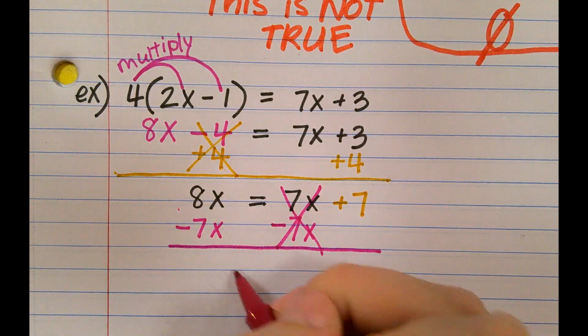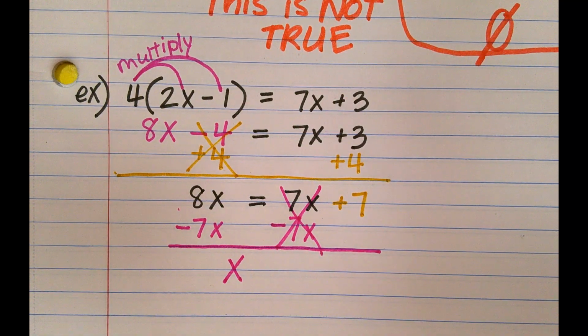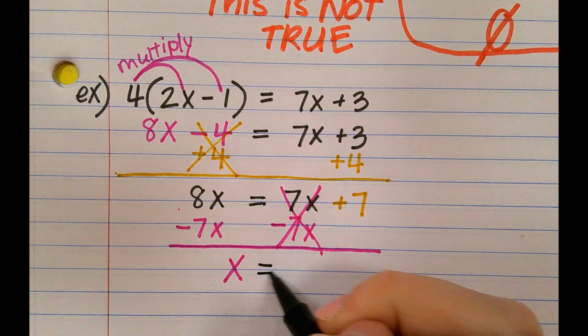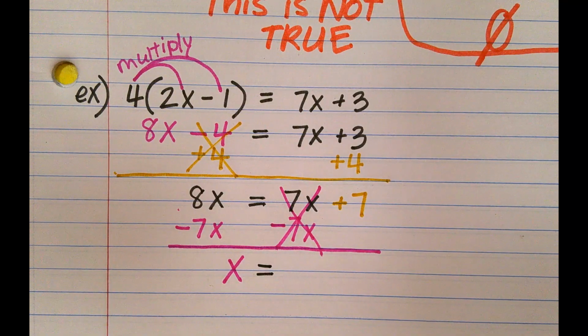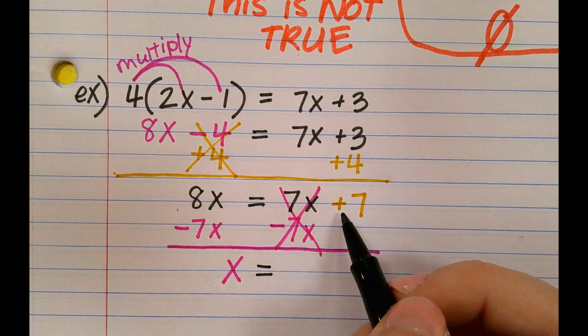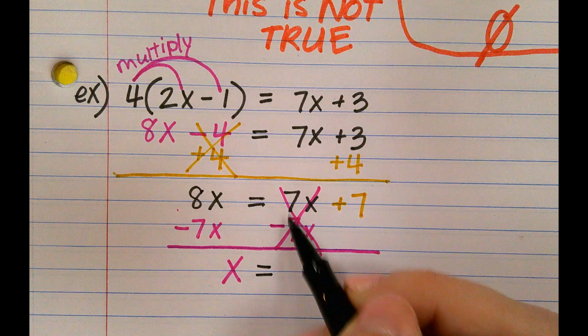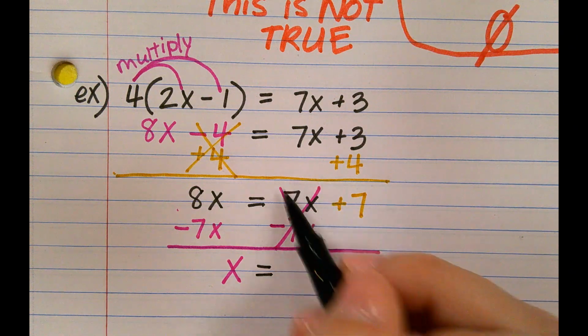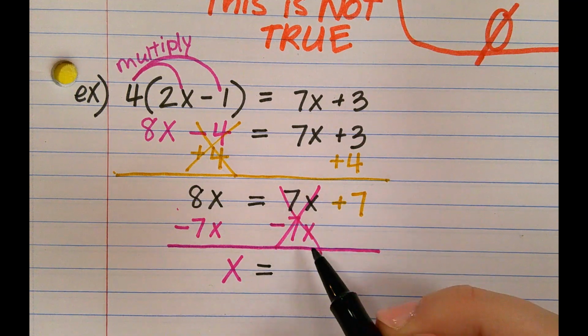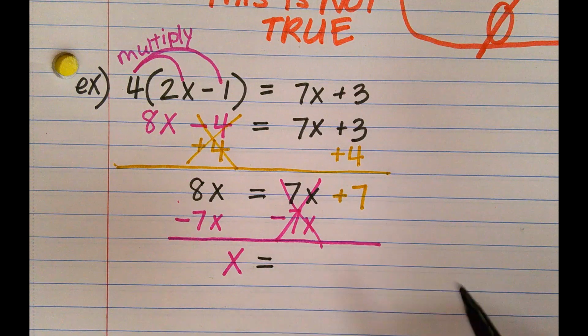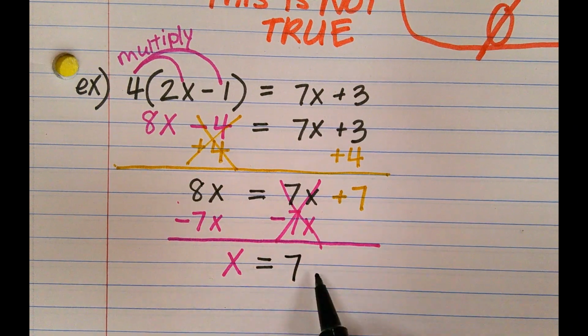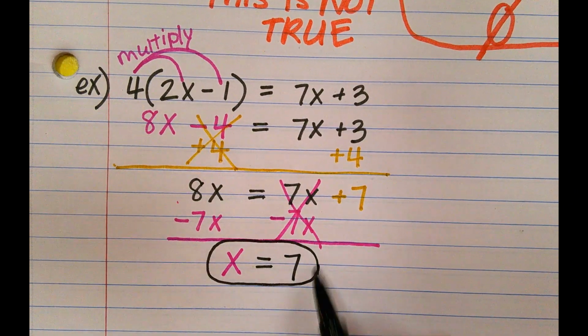Good. 3 plus 7. X equals, technically plus 7, but do I need that plus anymore? No. That plus just means I'm adding it to whatever is on this side of the equation. Since everything else canceled on this side of the equation, all I have left is 7. X equals 7. That's your answer.